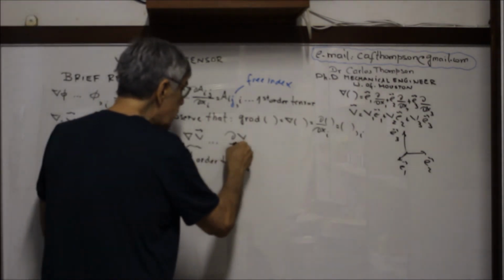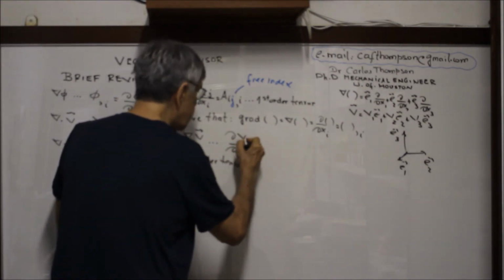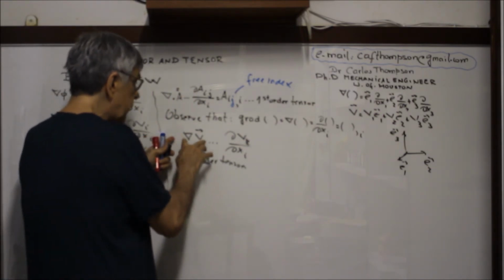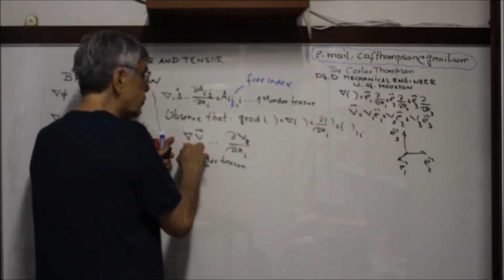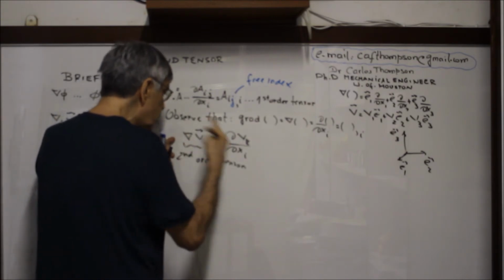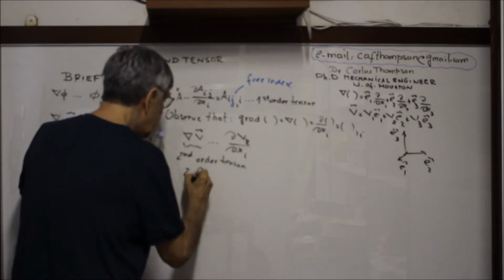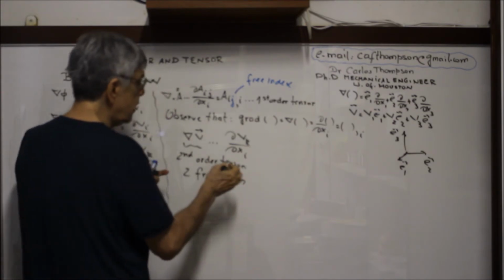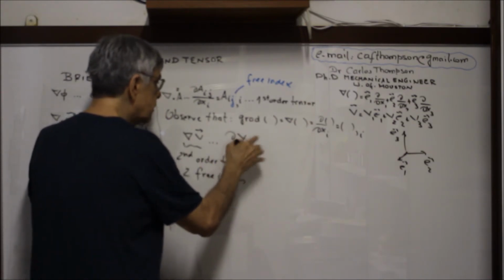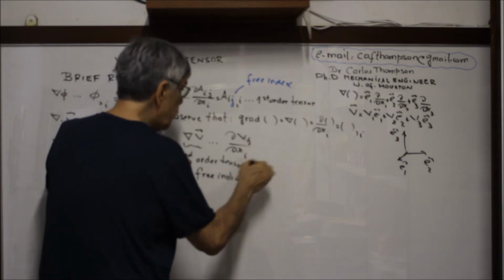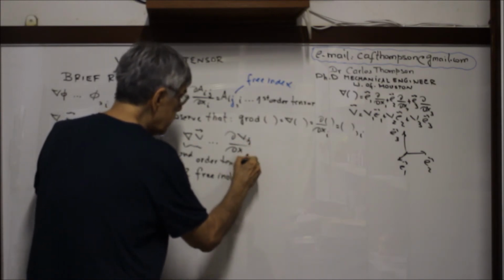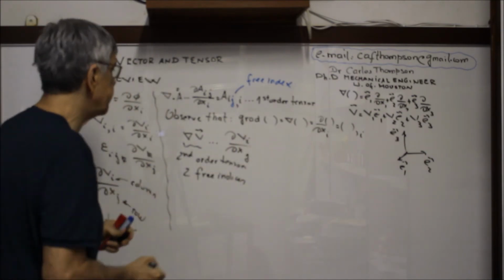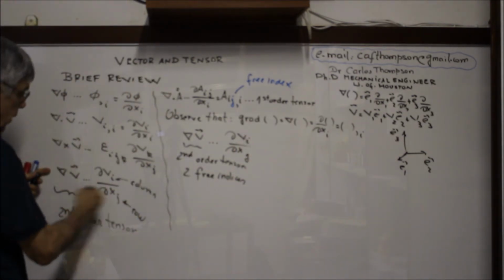So you have to change it, or put k or j or another index here. That's why, for a gradient of a vector, you have to have two free indices. You can put j over here, but here you cannot put j. You put i. No problem. That's why I wrote it right here.